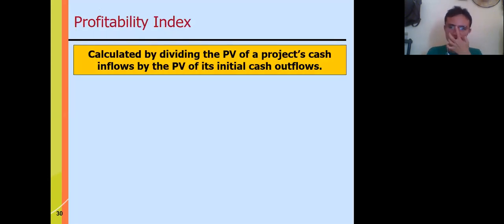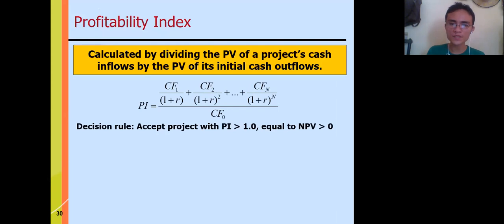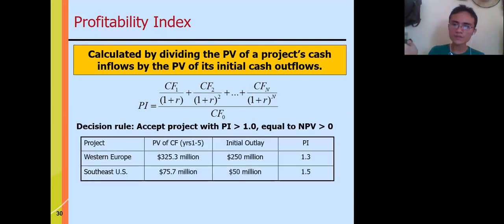Then this is the last ratio, which is the profitability index, wherein the formula is the present value of the cash inflows over the cash outflow or the investment. The ruling is to accept if PI is greater than 1.0, because that is the point where NPV is greater than 0. That's why the PI would normally be in unison with the NPV decision.